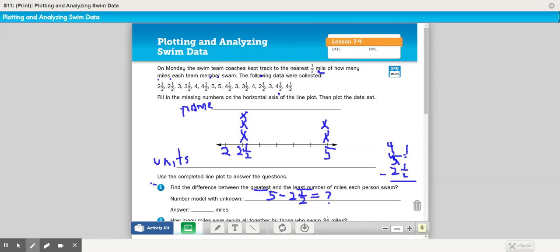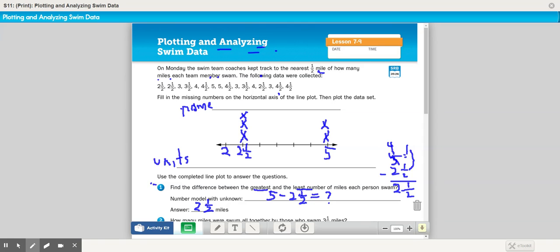So what's 1 minus a half? 1 minus a half, so obviously it's a half. And then get out your calculator, 4 minus 2. So our answer is 2.5 miles.